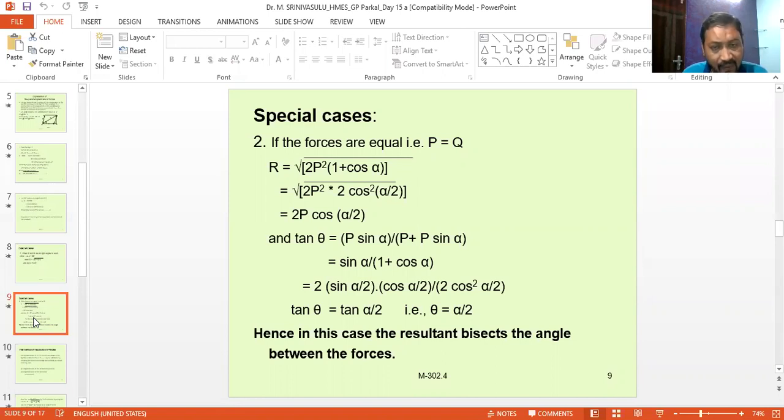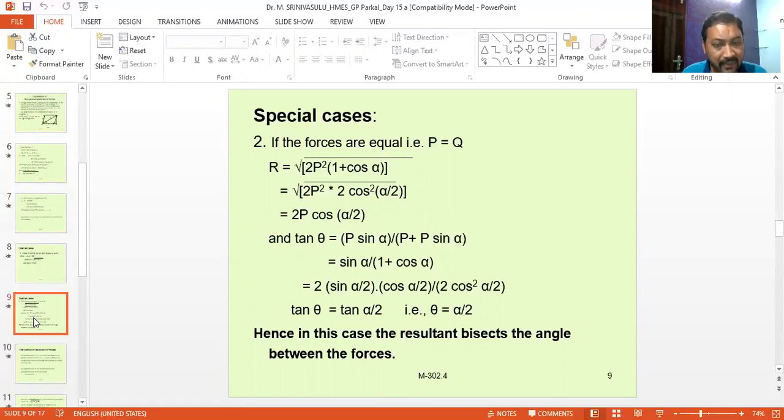Similarly, cos alpha will become 2 cos square alpha by 2 minus 1. So that minus 1 and plus 1 get cancelled, and it becomes only 2 cos square alpha by 2. So already we got 2P square, so this is nothing but 2P square into 2 cos square alpha by 2. So now we got the 2 terms, the P square term and cos square alpha by 2.